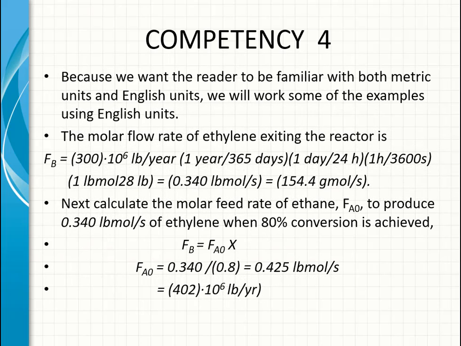Because we want the reader to be familiar with both metric units and English units, we will work some of the examples using English units. In this case, we are going to use some. The molar flow rate of ethylene exiting the reactor is FB equal to 300 times 10 to the 6, which is the demand of the product per year.